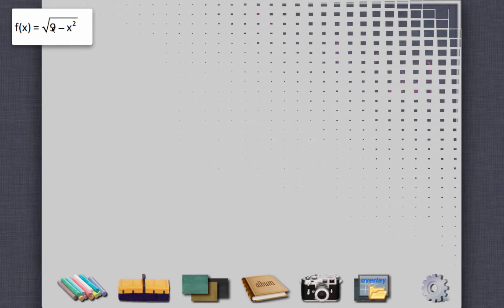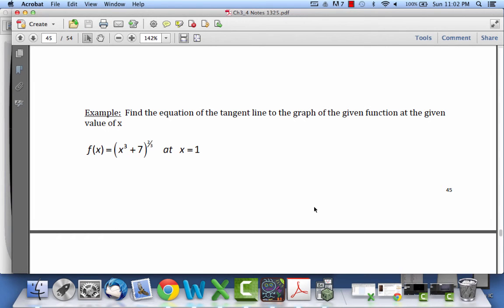Okay? And here we want to find the equation of the tangent line to the graph at this point. So the first thing we need is the derivative.